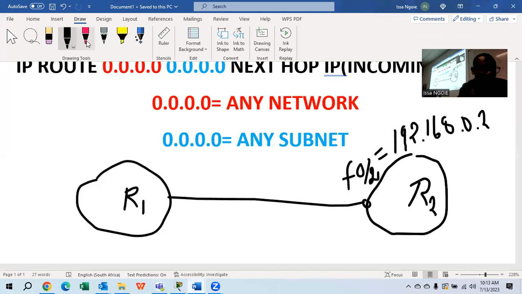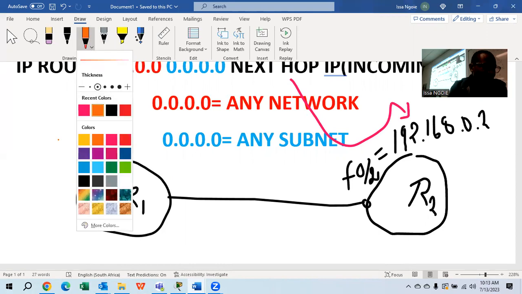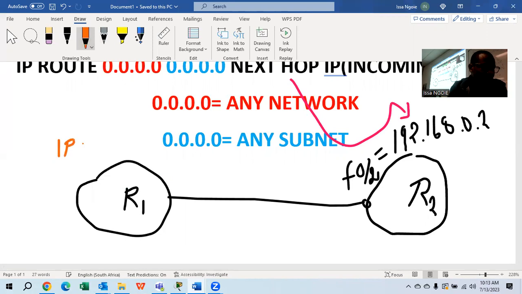So the next hop is this one. This is your next hop, right? Because you are configuring your IP routes here. So IP route 0.0.0.0, any network, any subnet, next hop, it's this one, the IP address of this one. This is the one that you're gonna replace here.